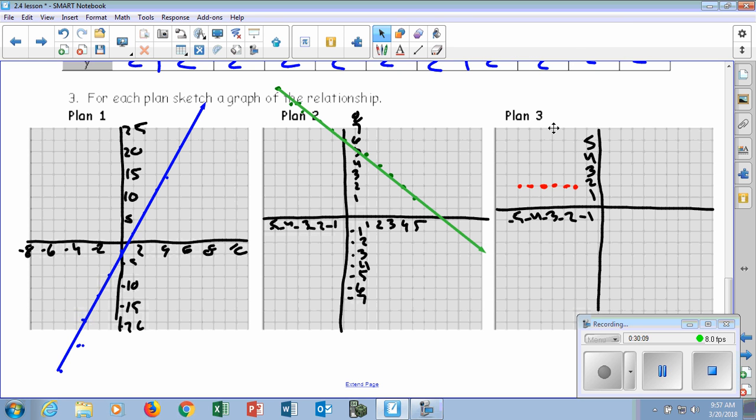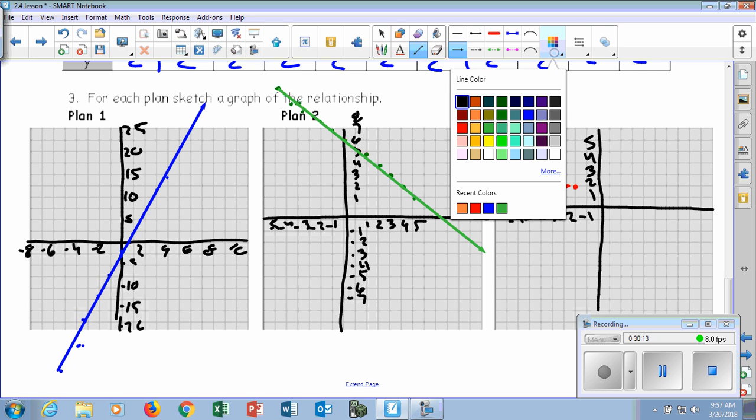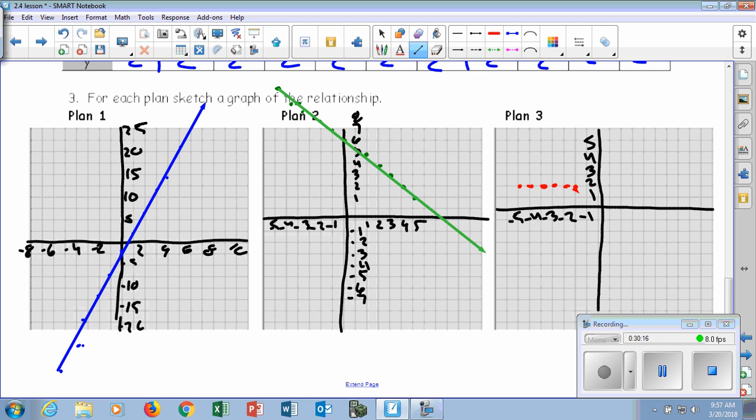Okay. Hand on your head if your third plan looks just like my graph that I just created. If I can get this line straight. Hand on your head.